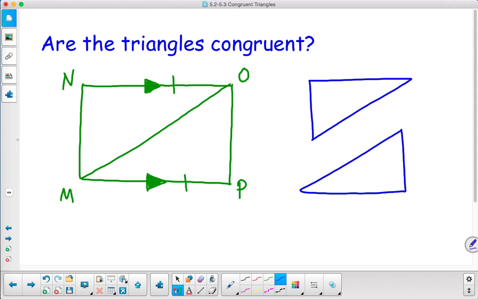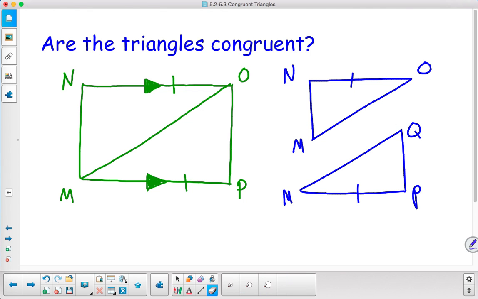Okay, what do we know? Okay, correct. Segment NO is congruent to segment MP. And, all right, good. They share that segment. So that's the same in both. Okay, now we've got something different to think of.